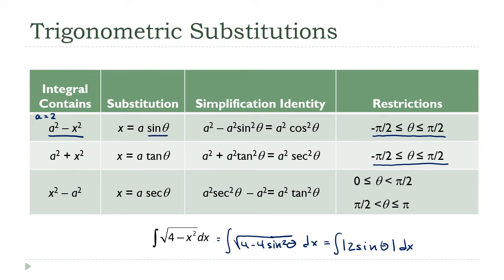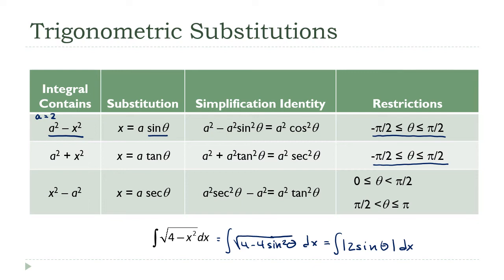Now, it's when we try to do this with the last one, the secant substitution, that we run into potential issues. The substitution that we'll use for the absolute value of tangent theta is going to depend on the values of theta. If theta is between 0 and pi over 2, remember that the secant is undefined at exactly pi over 2, then the tangent is positive on that range, and we can just replace the absolute value of a tangent with the tangent.